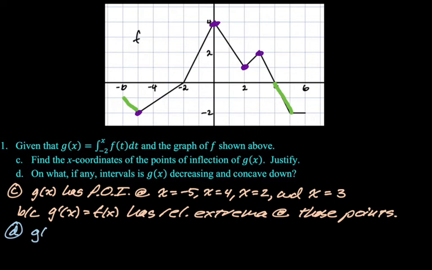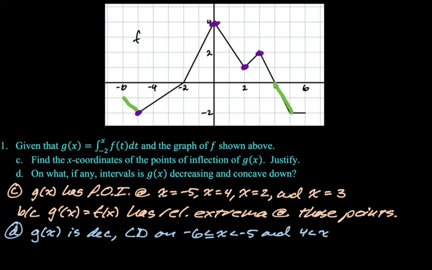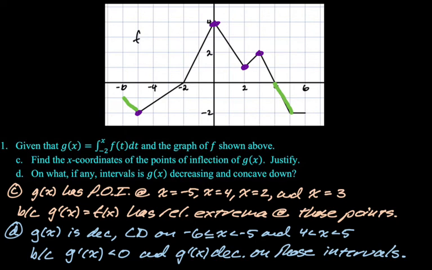So g of x is decreasing and concave down on -6, including -6, to -5, not including -5, and then 4 to 5. My reason is because g prime is less than 0 and g prime is decreasing on those intervals. I think that's a good explanation, and I think that'll get all the points.